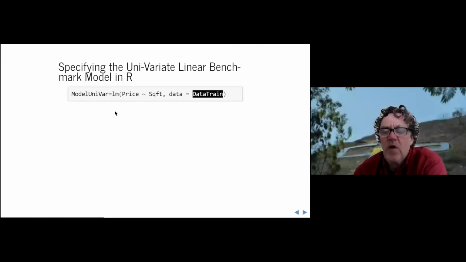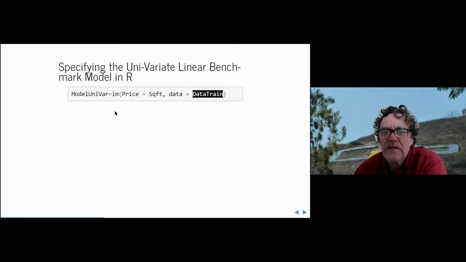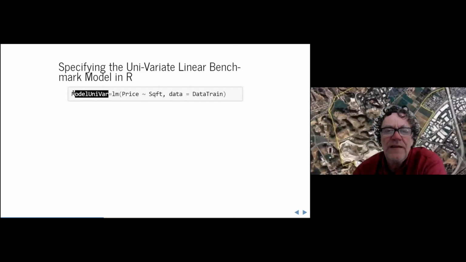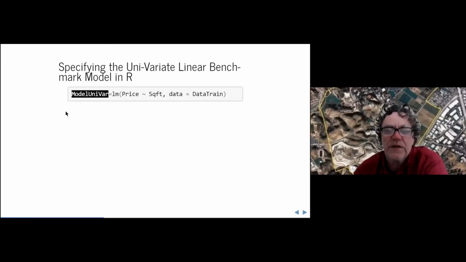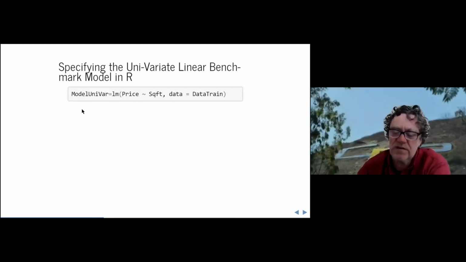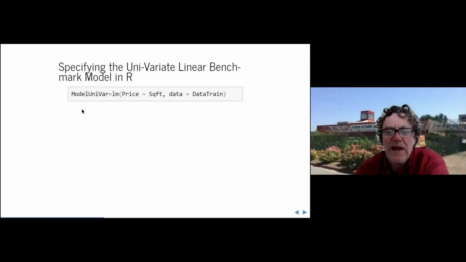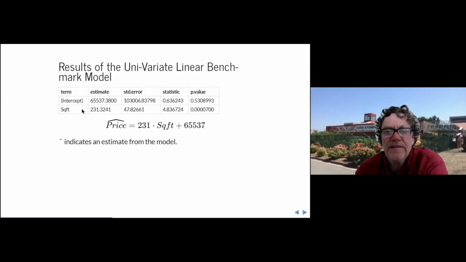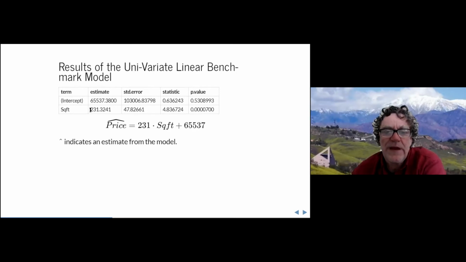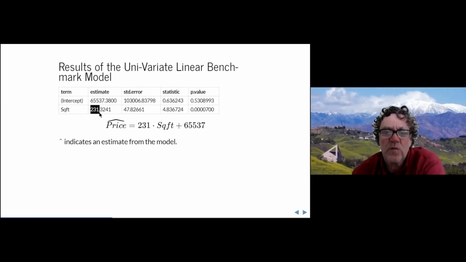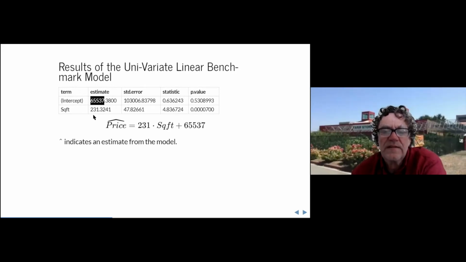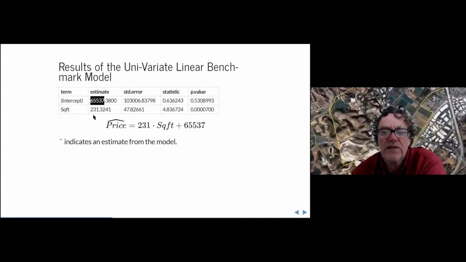What R does is find the right parameters, calculate a lot of other values, and store all of these in a very complex variable called an object, model univar. When we execute this command, we get the result. The best parameter for beta 1 is approximately 231, and the best one for the intercept is 65,537.